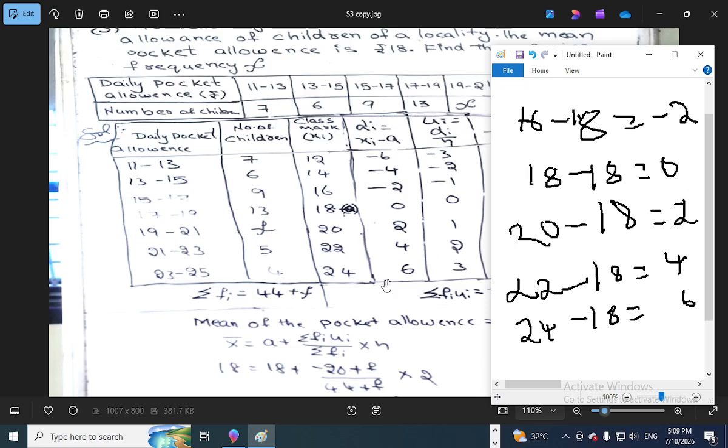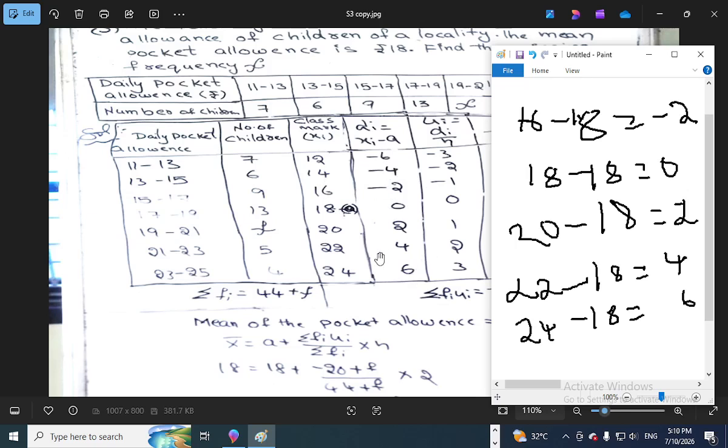Like that we have found the deviation for all the classes. The deviations are in this way: minus 6, minus 4, minus 2, 0, 2, 4, 6. So if you observe the deviations in class marks and classes, data is reduced somewhat.